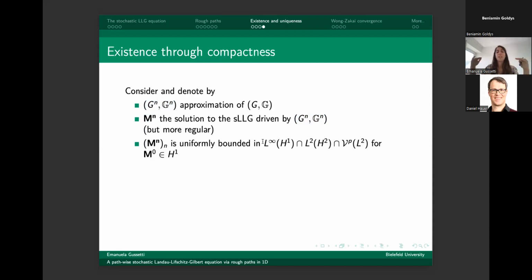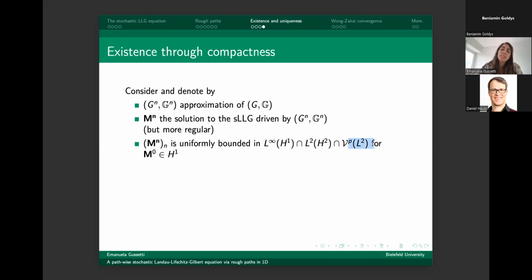From the derivative level, we take the derivative of the equation, and since the initial condition is in H1, we can get L infinity H1 plus some other nonlinearity. And then to get L2 H2, we need to consider an equivalence of the Laplacian on the sphere with some other terms.